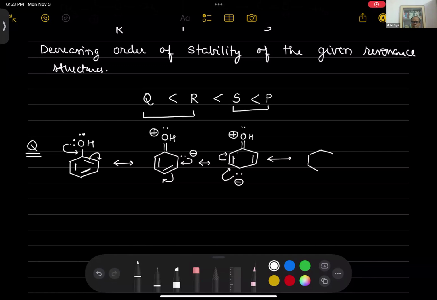These are the resonance structures of phenol. What effect is this OH group exerting on the benzene? Is it giving or taking electrons, and by what means? Through inductive effect, resonance effect, or hyperconjugation?